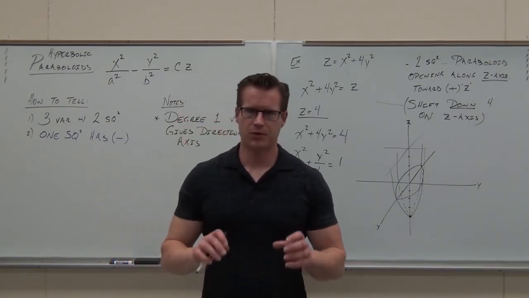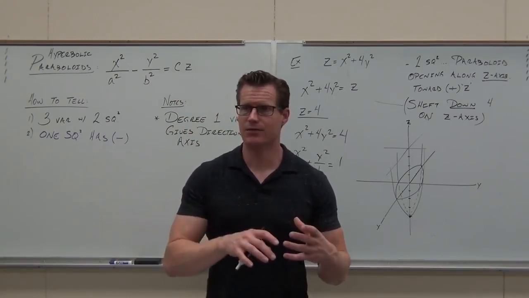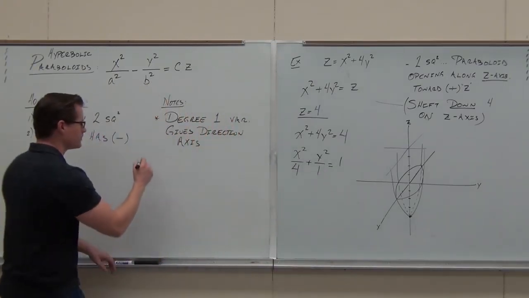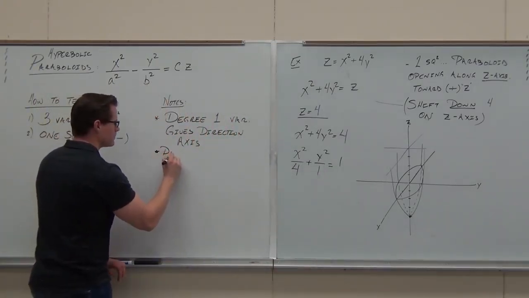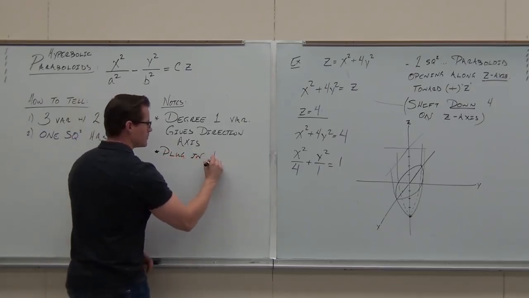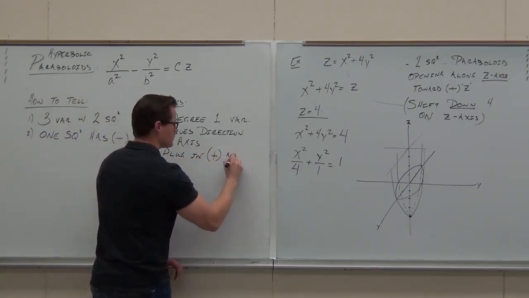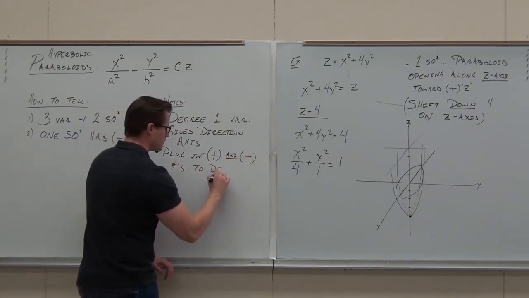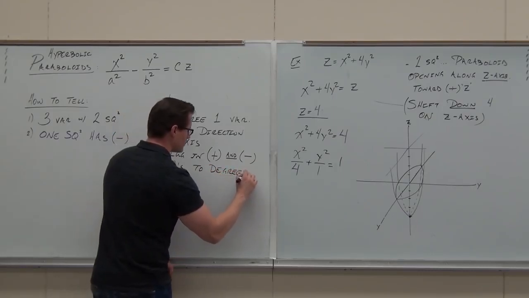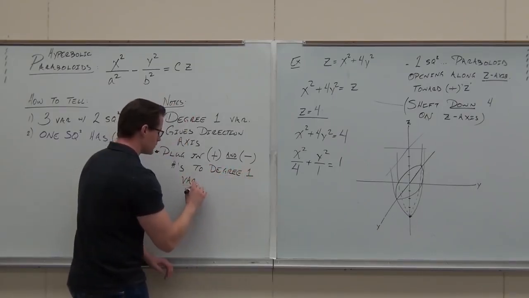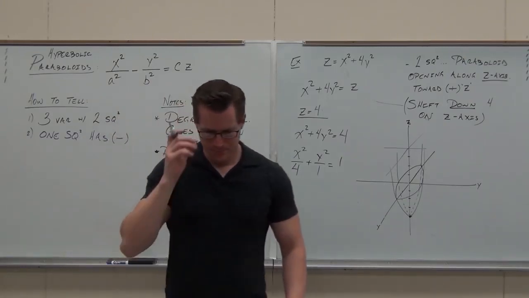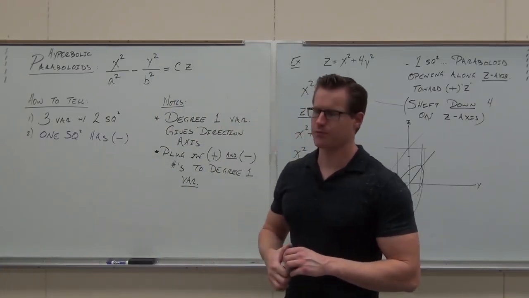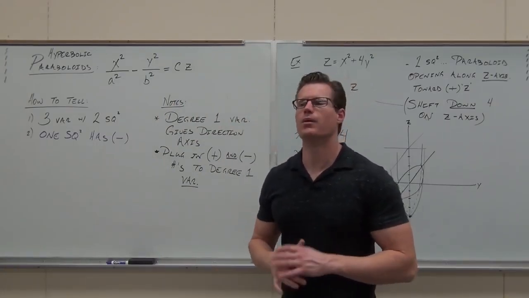We're going to plug in both positive numbers and negative numbers into the degree 1 variable. And for goodness sakes, I want you to see why. I want you to see what happens here.